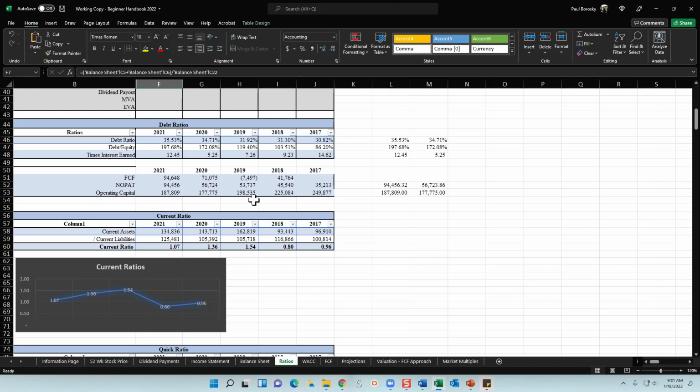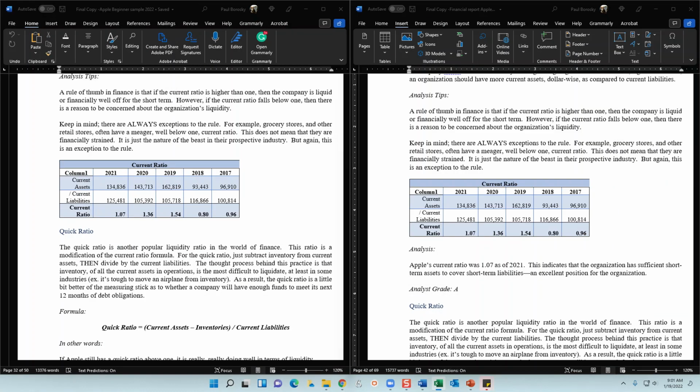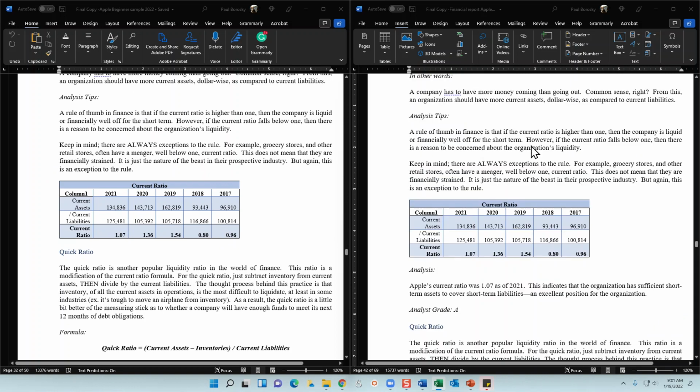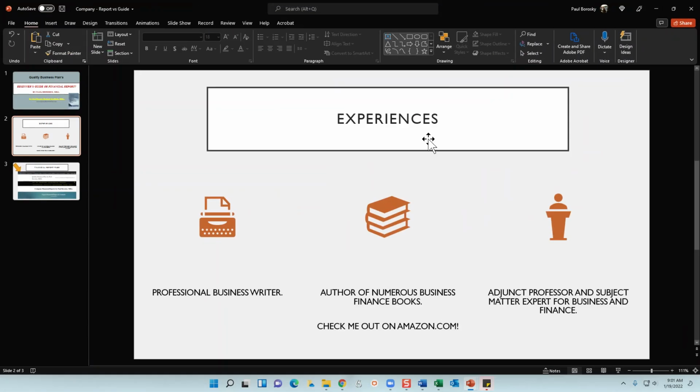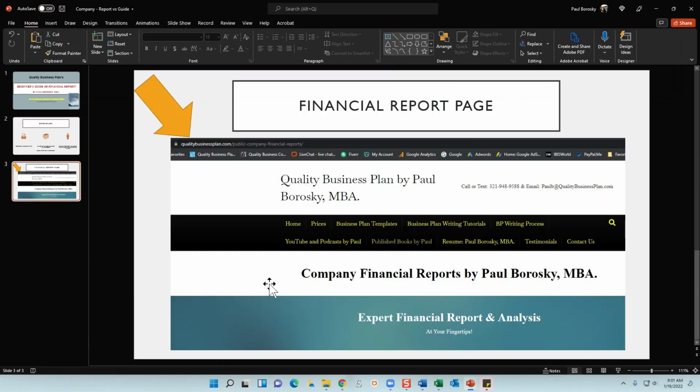And for the beginner's guide, this is the information that I'm going to plug into the template that I use for each one of the organizations. All right, so hopefully this is going to help clear up what the difference is between my beginner's guide and my financial report. If you like what you see and you want to pick up one of my financial reports, all you have to do is go over to qualitybusinessplan.com/public company financial reports.